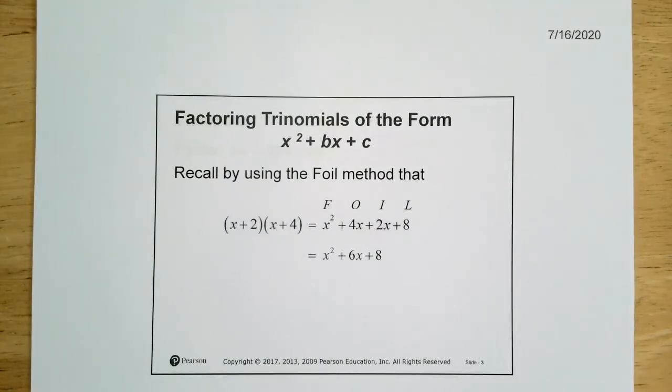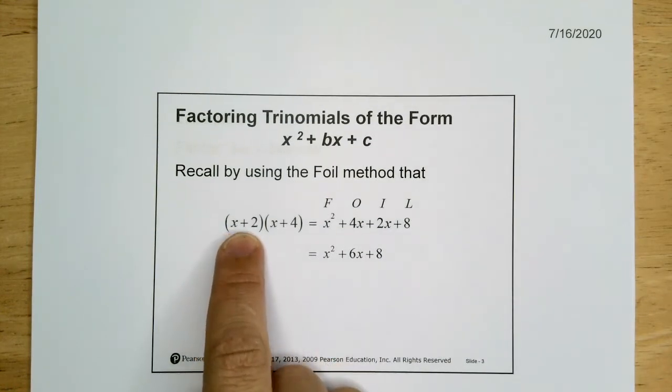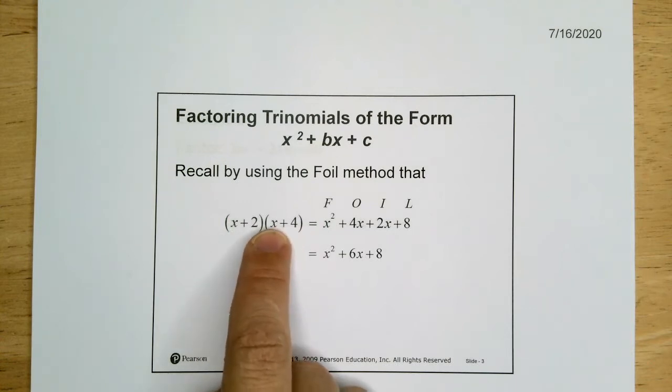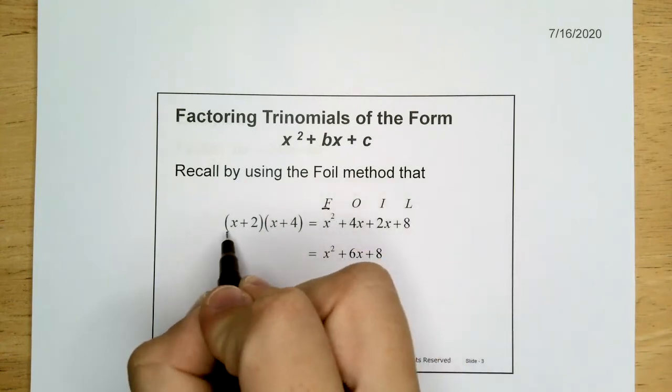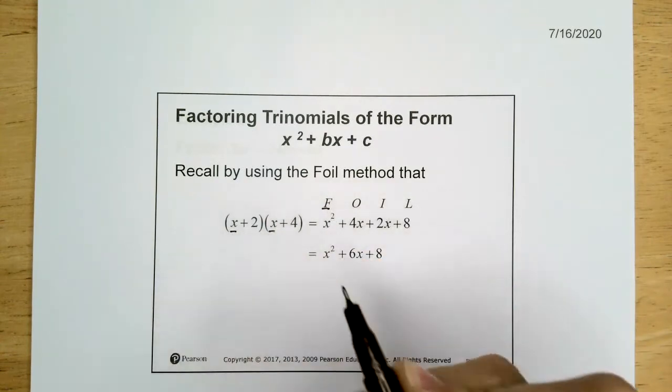Recall using the FOIL method that you have two binomials, and you multiply them together. F was first times first.